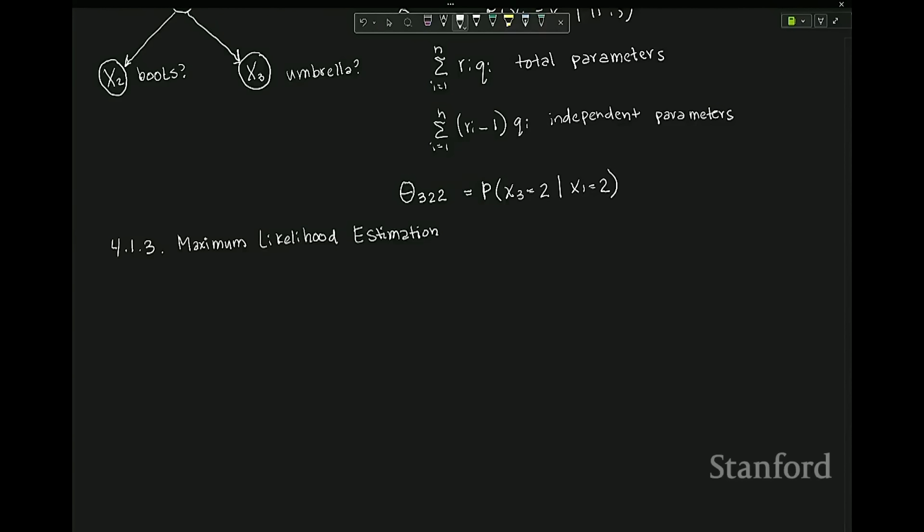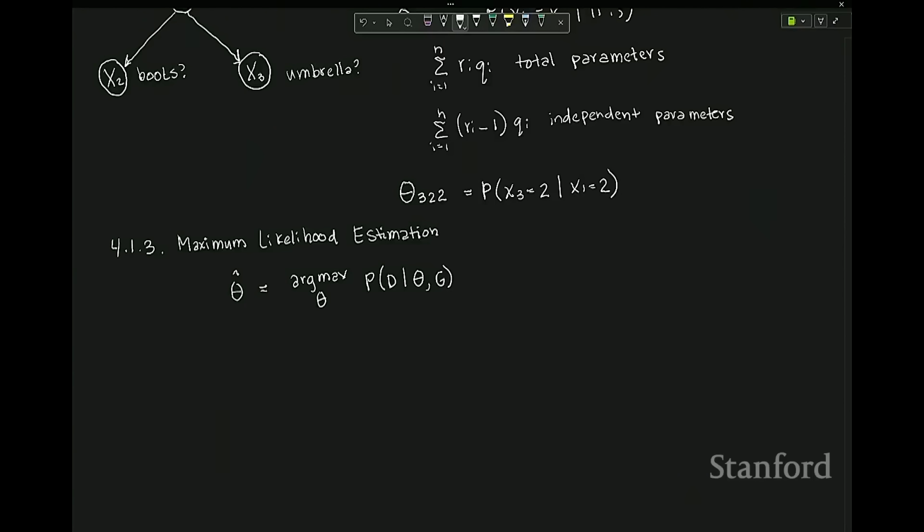As in previous lectures, we are looking for theta hat, our best parameters that maximize the probability of our observed data given those parameters. There's just one change that we're going to make for extending this to a Bayesian network. It's going to also be given our graph structure G, which we're assuming to be known.